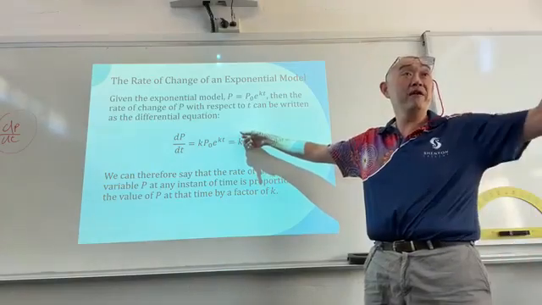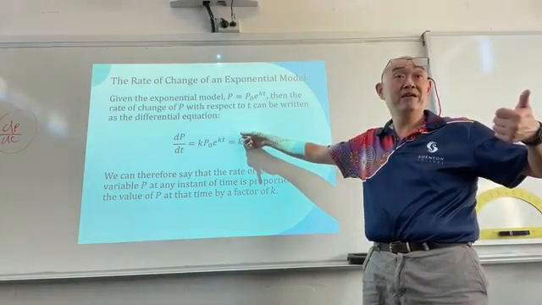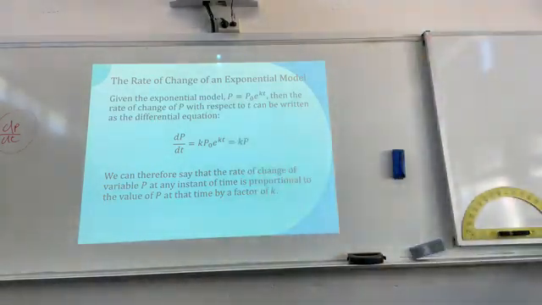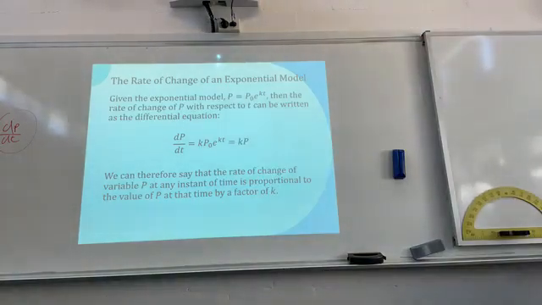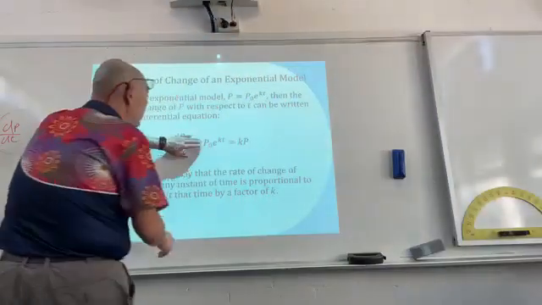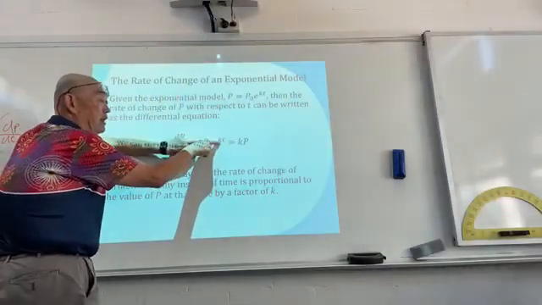I don't even have to evaluate P. This is important. Question 3 is very easy. dP/dt equals K times P. As soon as you know what K is, you can substitute it in.